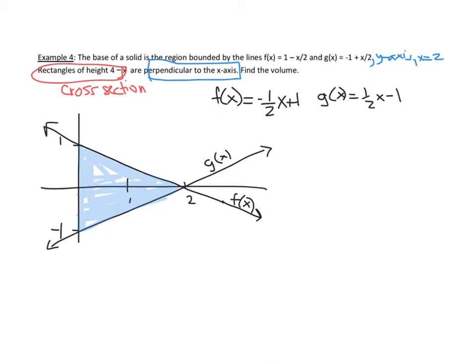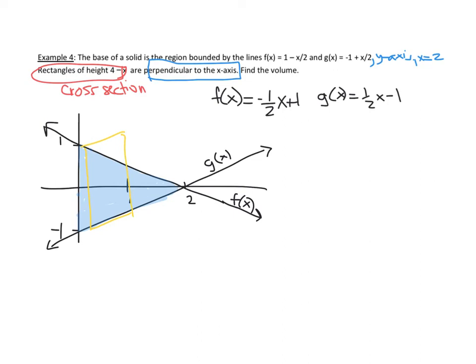I think a lot of people get thrown off by that 4 minus x. We don't need that yet. The first thing that you're going to worry about is draw the base of the solid, which is the region that they gave us. So we have that now. Now we need to worry about the rectangles of height 4 minus x part of this one. So basically what that's saying is I have a rectangle and it's going to look like this.